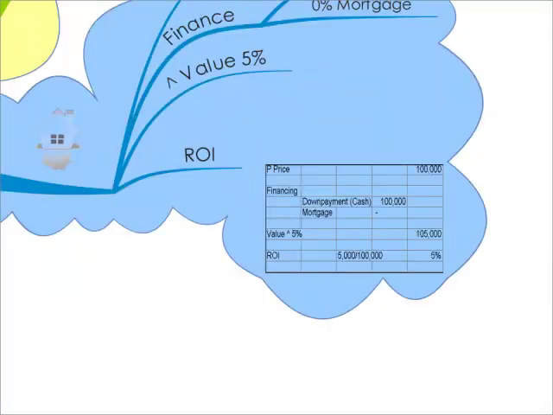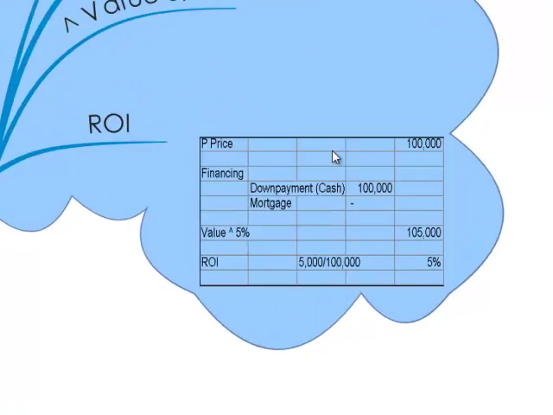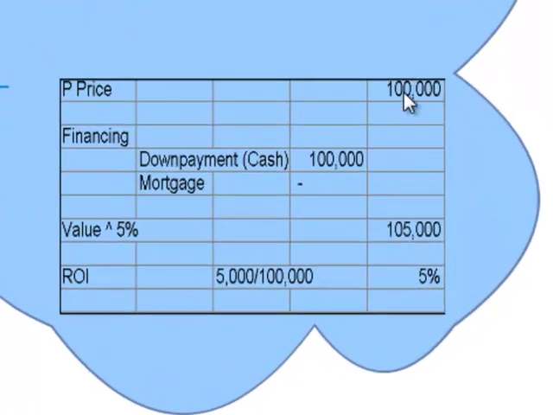Well, let's look at that. Effectively, what we're seeing here is a purchase price of 100,000, and the way it's structured is 100% cash for the initial down payment, and we have no mortgage.